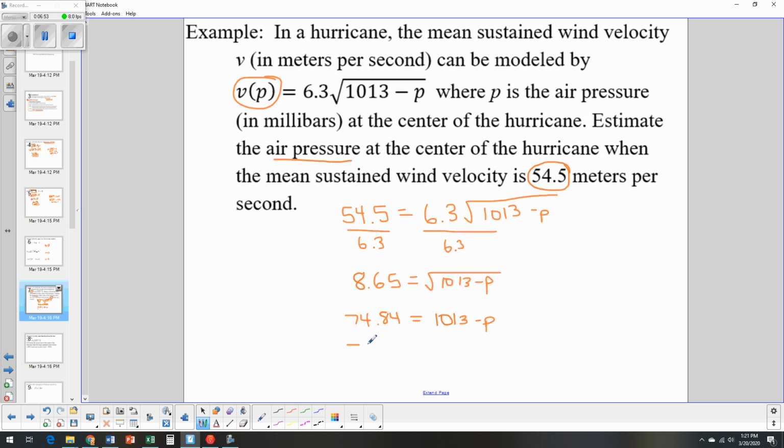That'll give me negative 938.16 equals negative P. And if I divide both sides by a negative, I get P is 938. We'll round to a whole number. Millibars, right? That's what they told me it was in terms of millibars. And that's our answer for that problem.